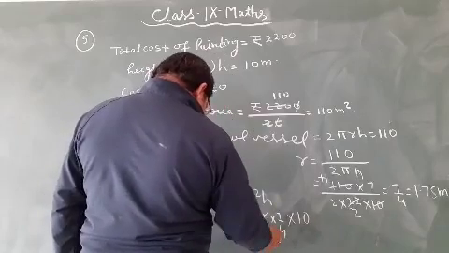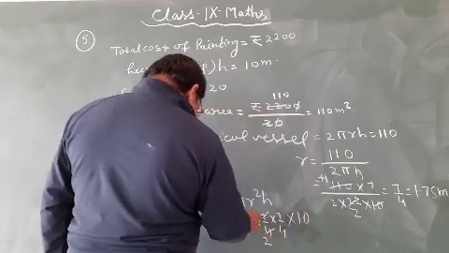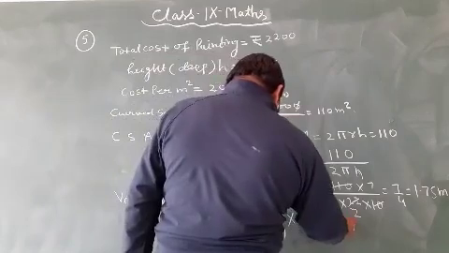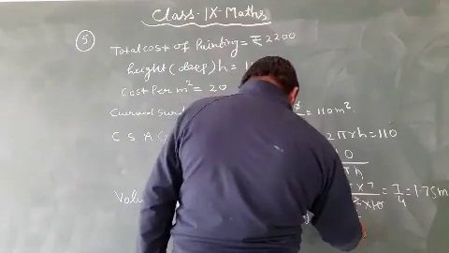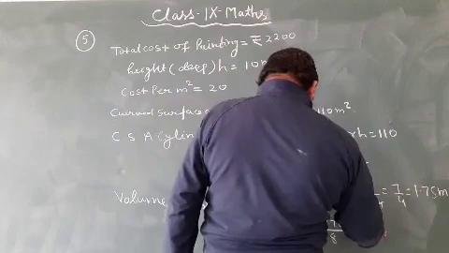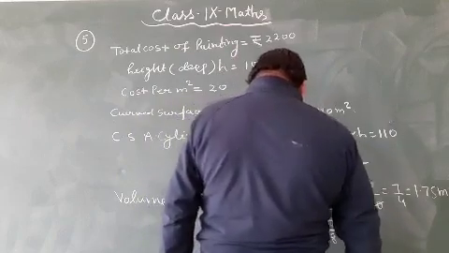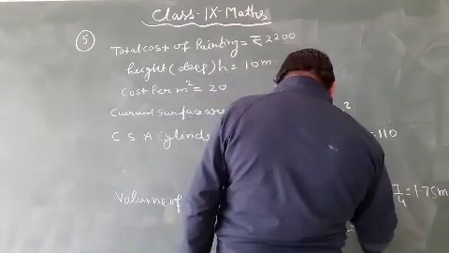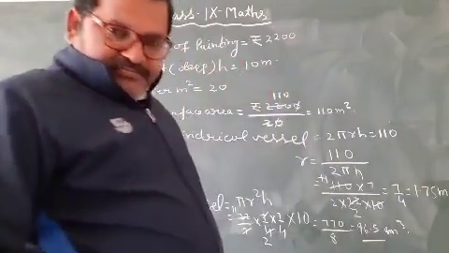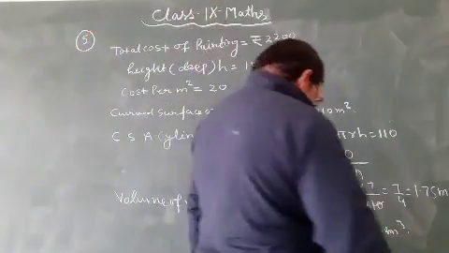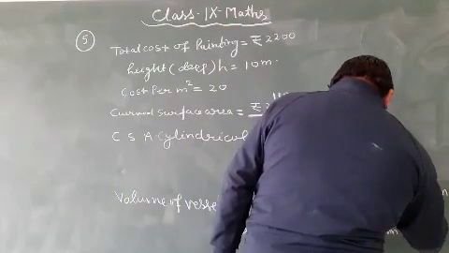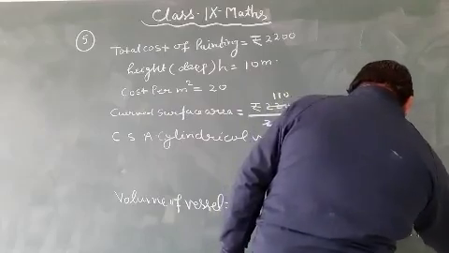So 7 cancels, and we get 96.25 meter cube, which is equal to 96.25 kiloliter. Clear?